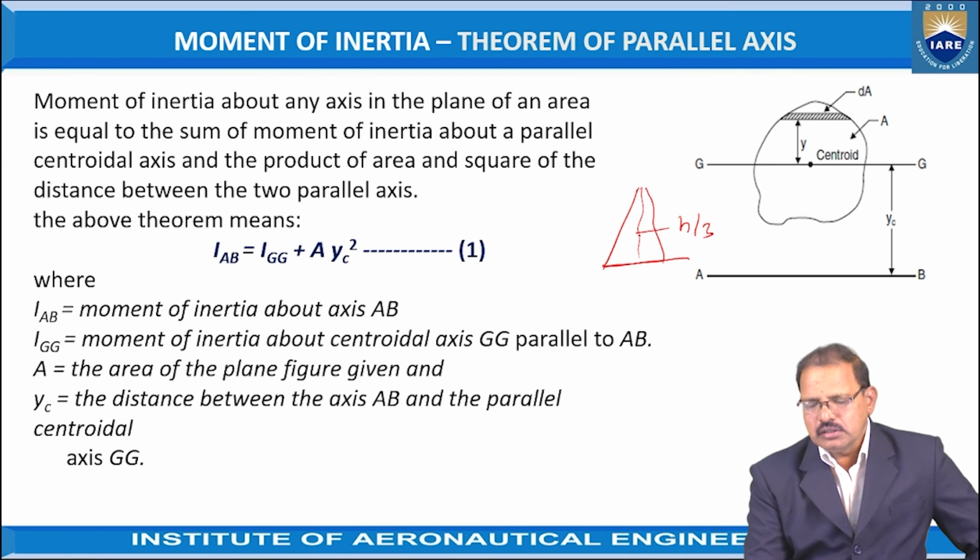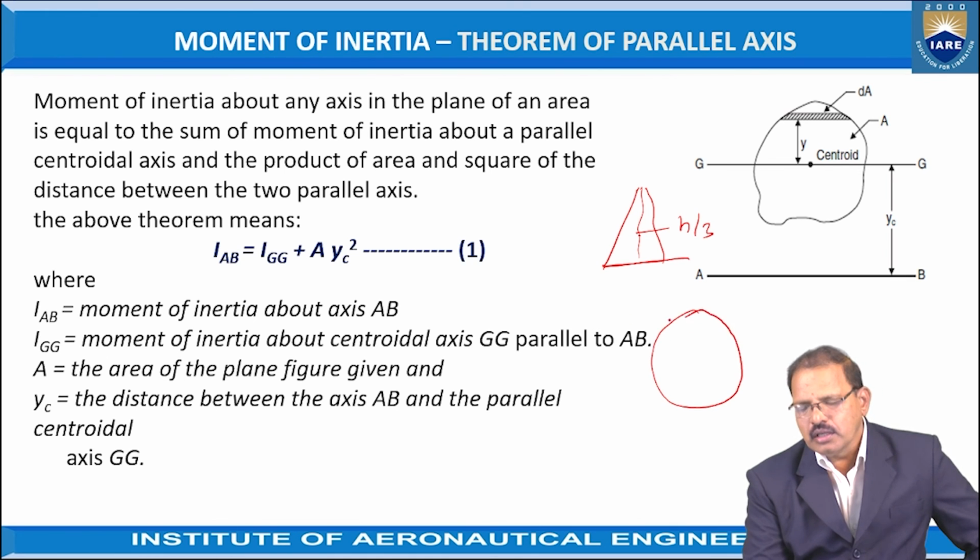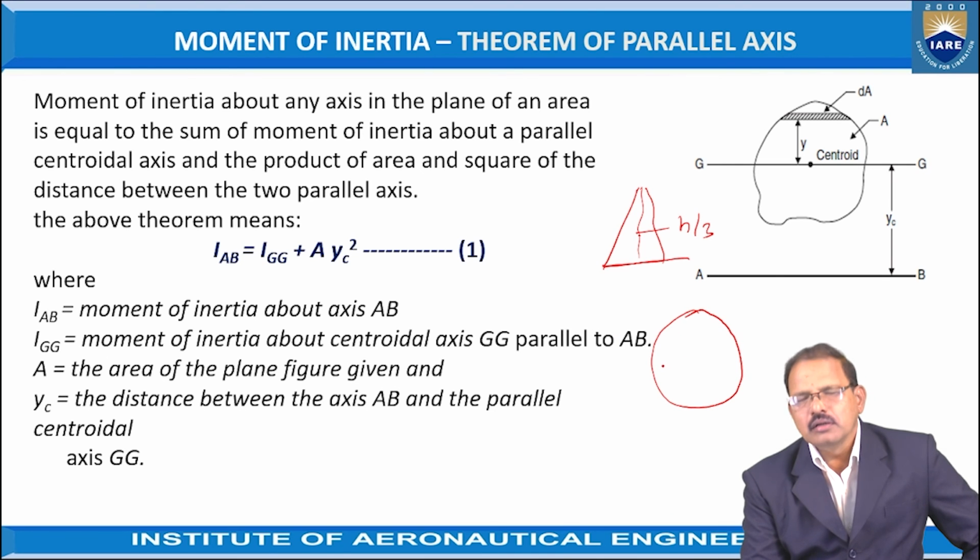And the third one, when we are discussing a circular plate or circular plane, we can represent the moment of inertia of the circular plane figure about the x-axis as IXX. Similarly, about the vertical axis, it is called IYY.